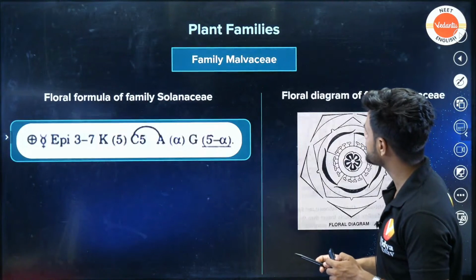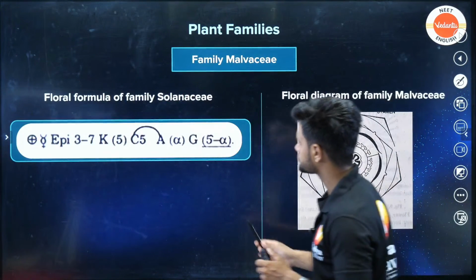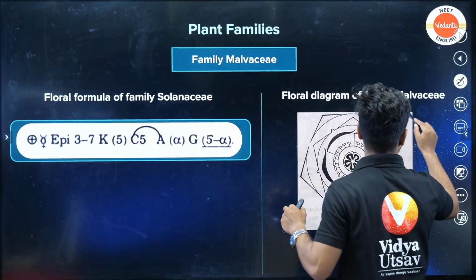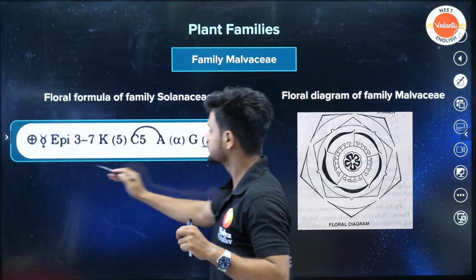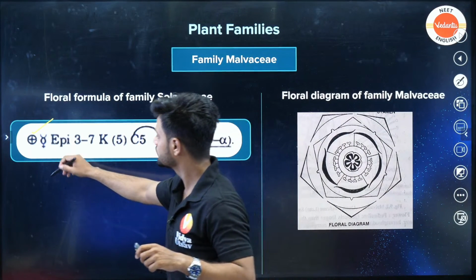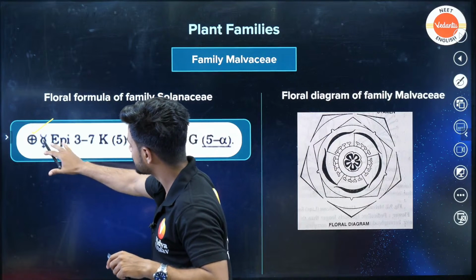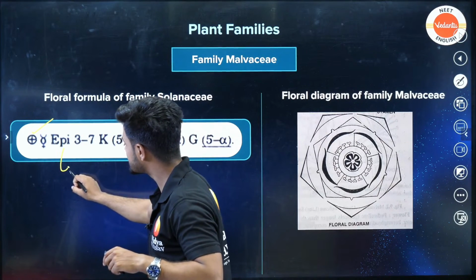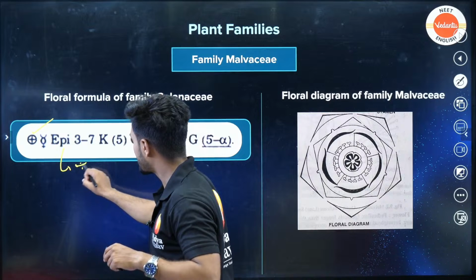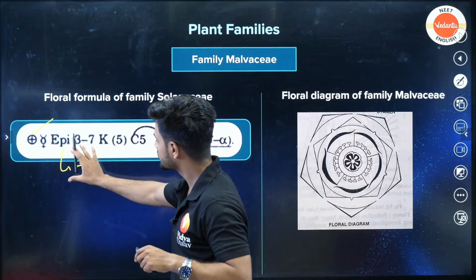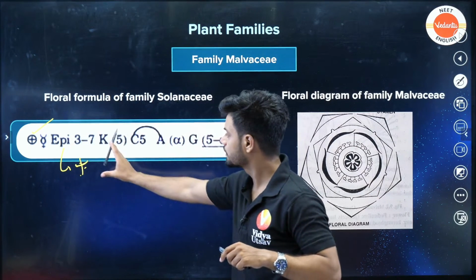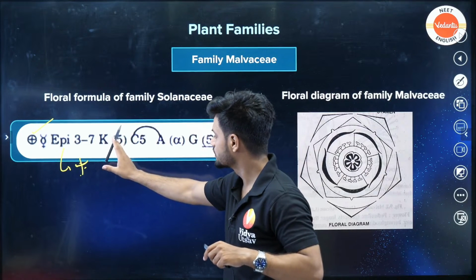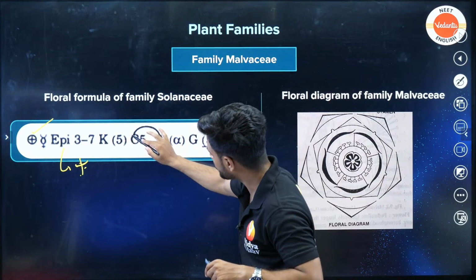Now, that is your Malvaceae floral formula here. Can you see here? Actinomorphic, bisexual, epicalyx. Remember, very important. Epicalyx condition here: 3 to 7 epicalyx will be there. Calyx is going to be fused, 5. Now, what is this condition?